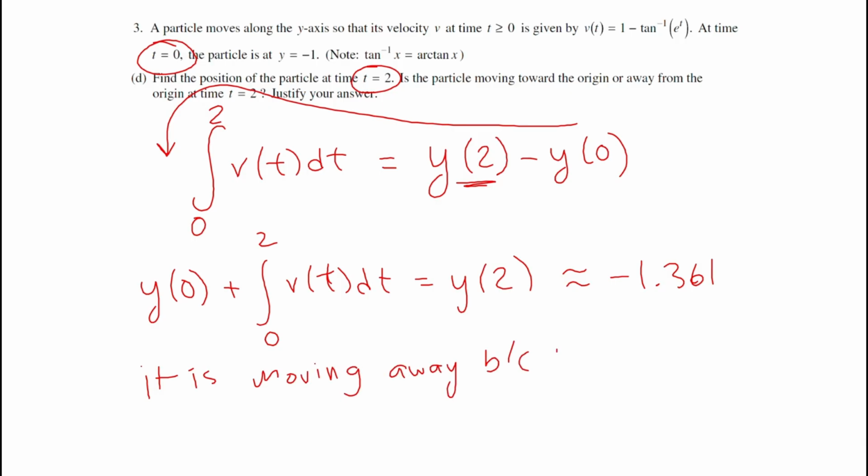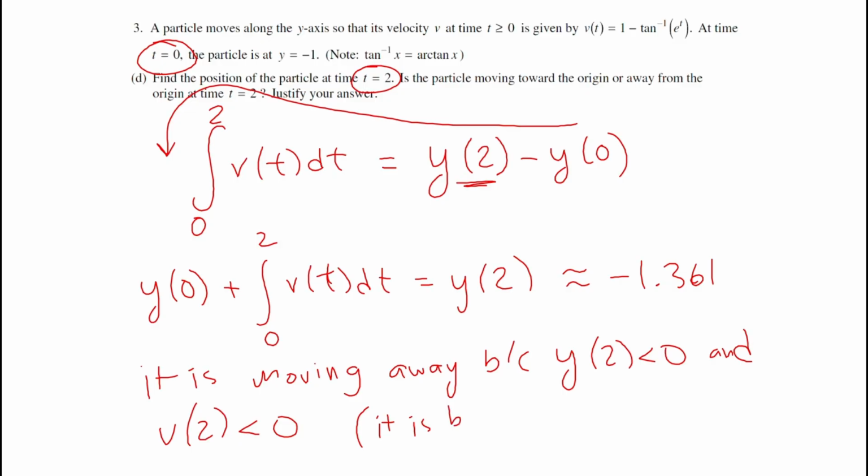And you can say because y of 2 is less than 0 and v of t is less than 0. Or you could say something like it is below the origin and moving down, right, is what that means.